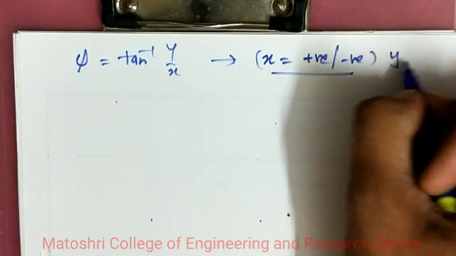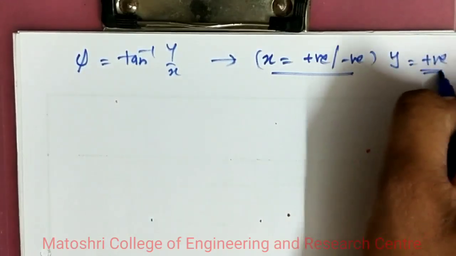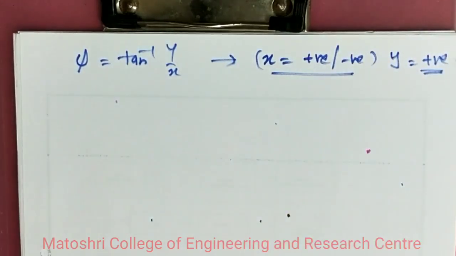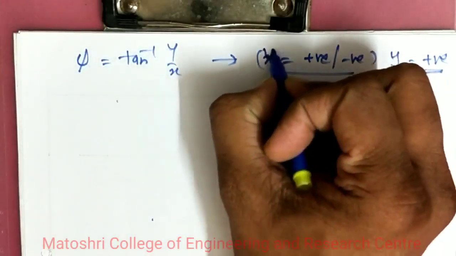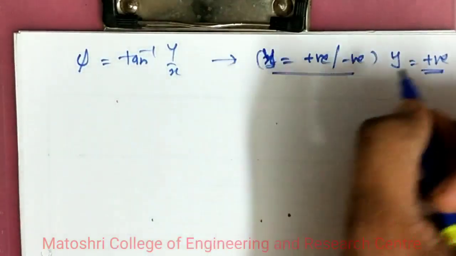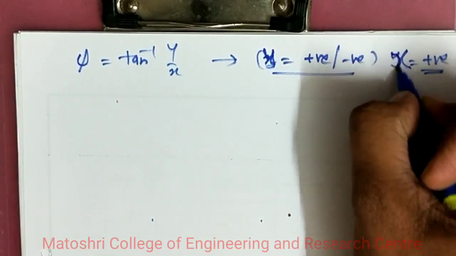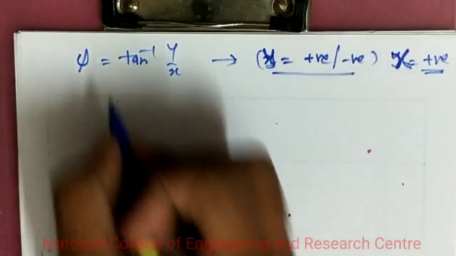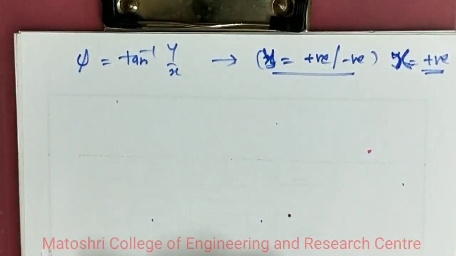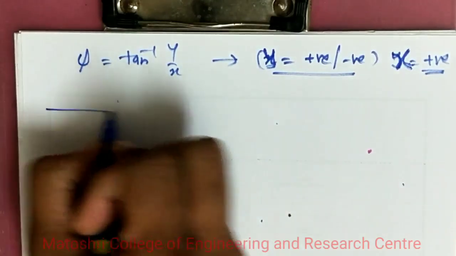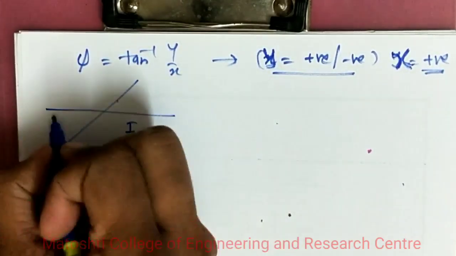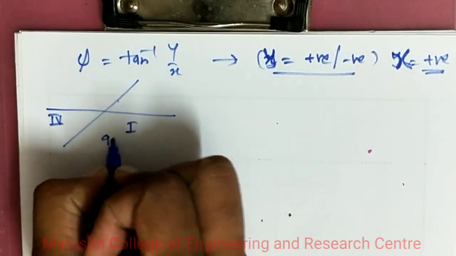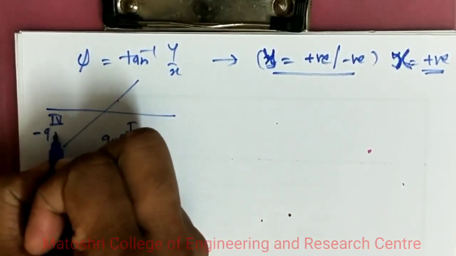But y, what must it always be? Y must always be positive. One minute, okay. Y can be positive or negative, and x must always be positive. At that time we need to use tan inverse of y by x, because then the point lies in the first quadrant or in the fourth quadrant, where the angle is 0 to 90 or minus 90.